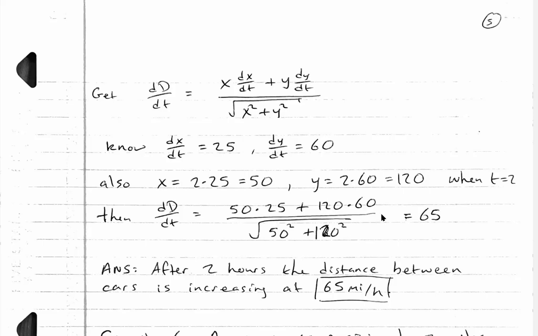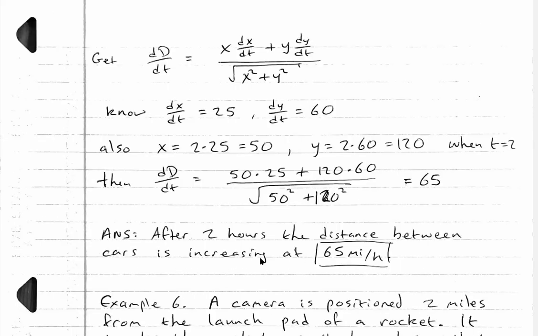And then substituting, if I work this one out right, d/dt, 2 hours later, the distance between the cars is increasing at 65 miles per hour.